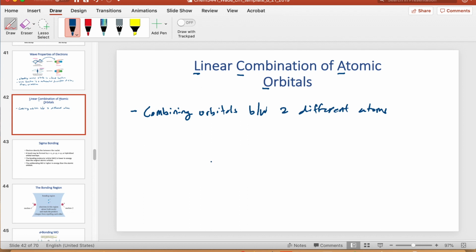And this is, in fact, what we call bond formation. Combining orbitals on the same atom is the definition behind hybridization.